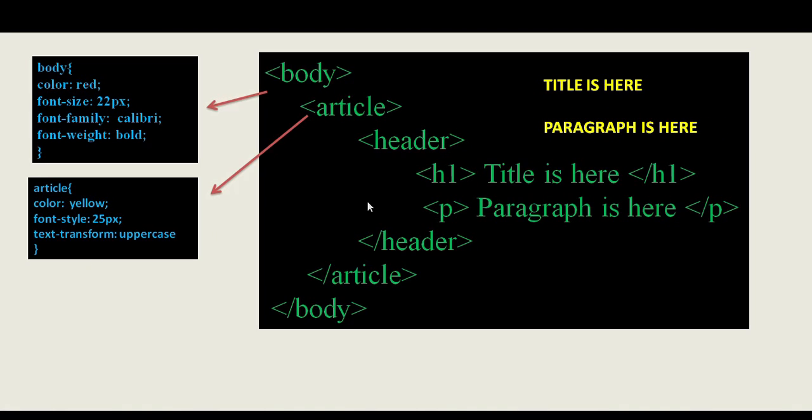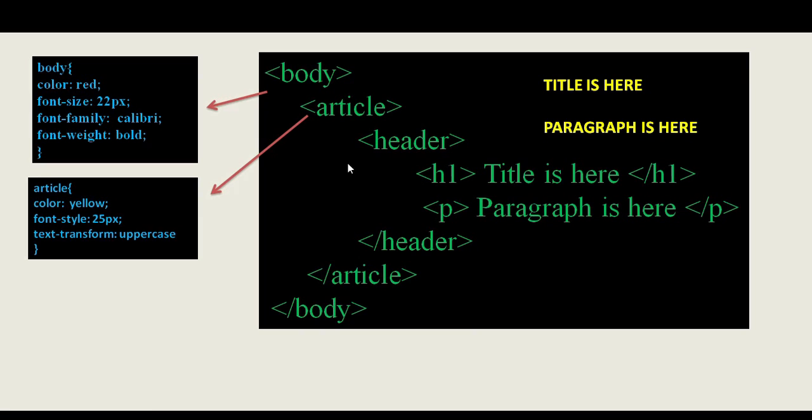That means when you make changes for this article element with the same property names, the red color and the font size of 22 pixel will be overridden by this article. We have applied these article properties to the header and the h1. That means we are giving the yellow color and 25 pixel to this entire text, and we are transforming the text to uppercase. We have made these changes by using the article element here.